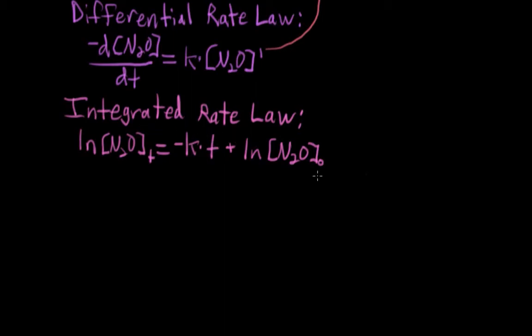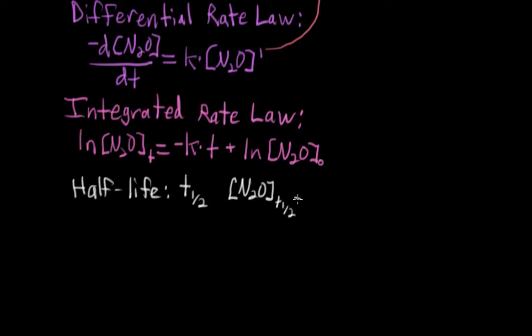And then we have one more important equation associated with reaction rates and rate laws, and that is our half-life. As a reminder, half-life is often abbreviated as T1/2, and that's defined as the time at which the concentration of N2O gas at that T1/2 is equal to 1/2 of the initial concentration of N2O gas, our reactant.